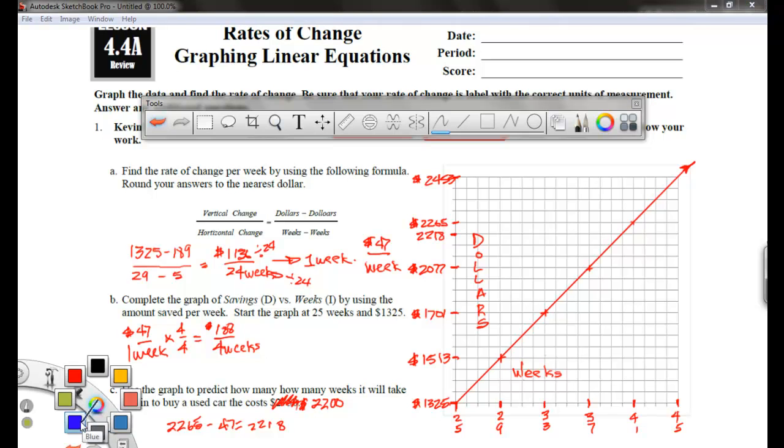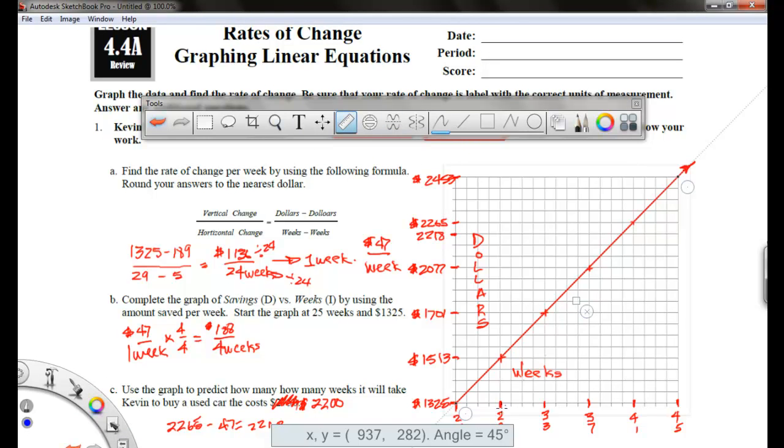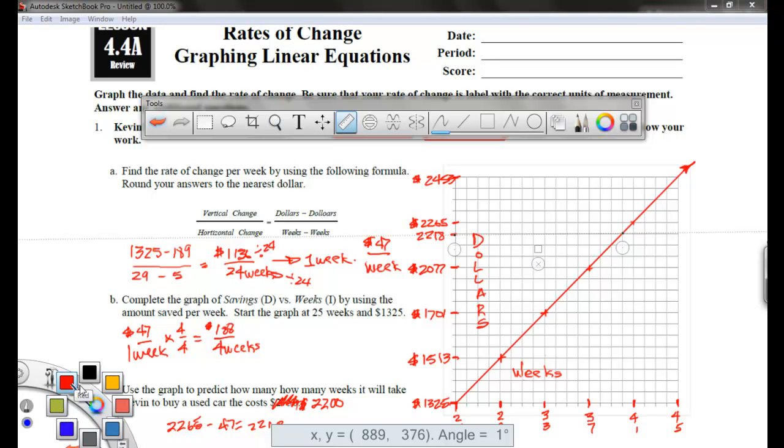Why don't I use a blue one? Take my ruler again. And so I'm going to use this graph to estimate. So I follow it over there to that line. Color here. I don't know why it's not writing.